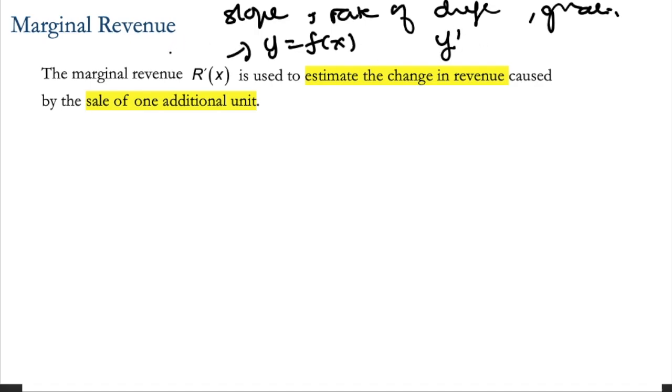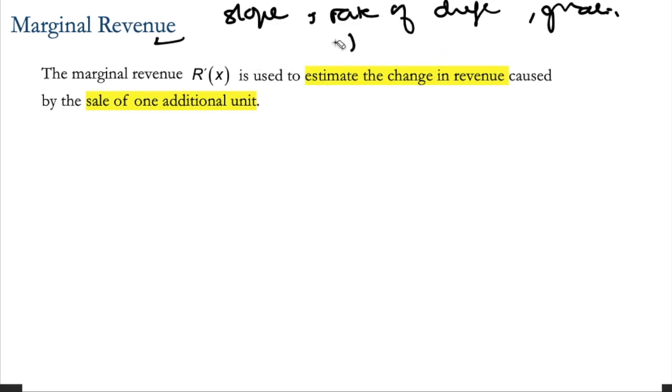This function could be revenue, profit, total cost, total utility, total marks. When you find the slope, it is actually the marginal of this function. Okay, so here you need to learn how to use it for application and how to interpret it.